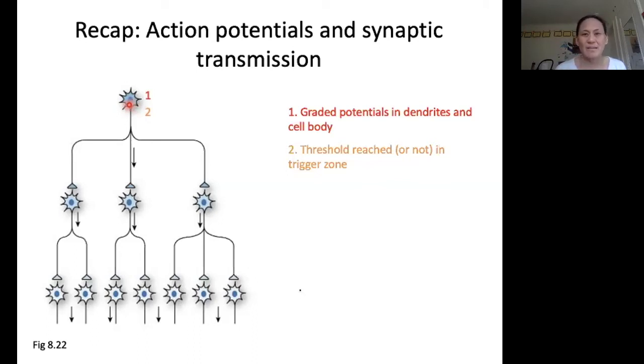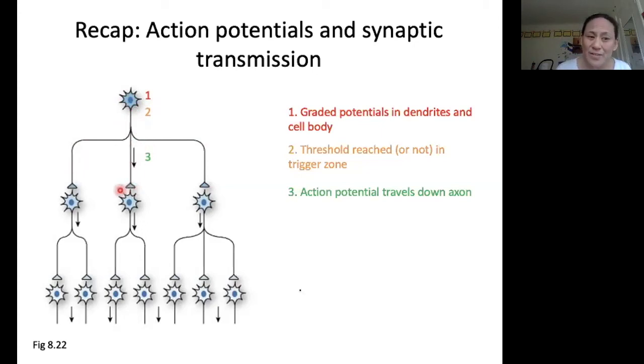But let's just take the example of reaching threshold. Okay, so let's say we've reached threshold. What's going to happen is we're going to generate an action potential. That action potential is going to travel down the axons of this neuron. This neuron has a branching axon, so it's going to travel down the axon.